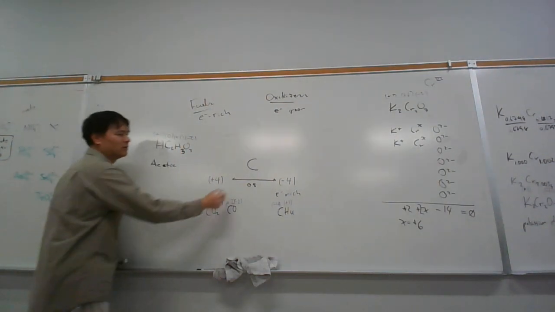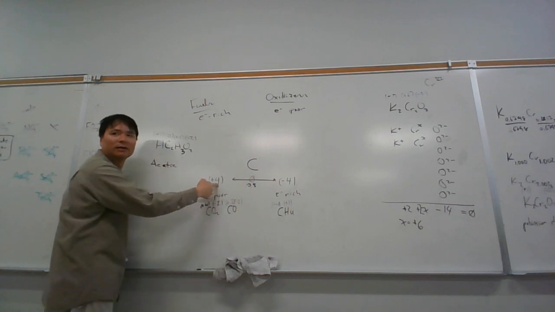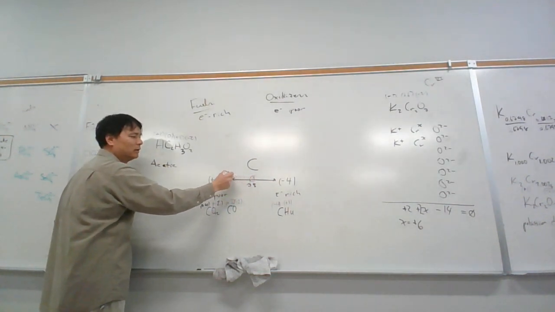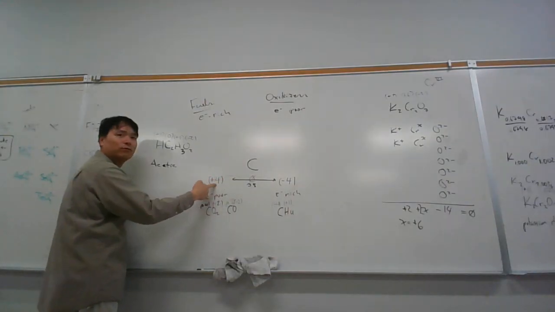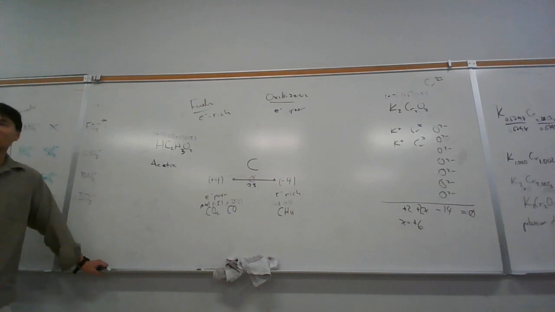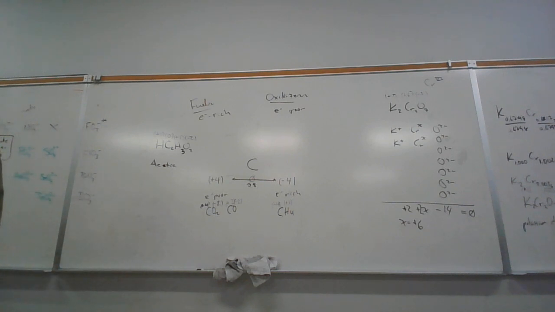So if carbon is 0, then it's right in the middle of this, right? Each carbon can lose 4 electrons. We have 2 of those, and that gives us 8 electrons. And so acetic acid will give you calories. When you eat vinegar, it's not calorie free.